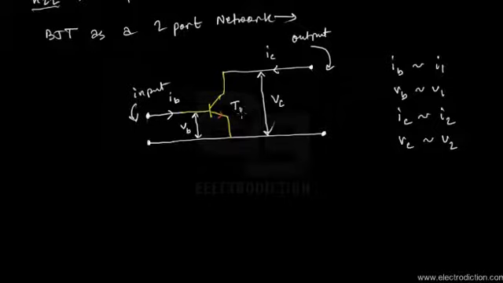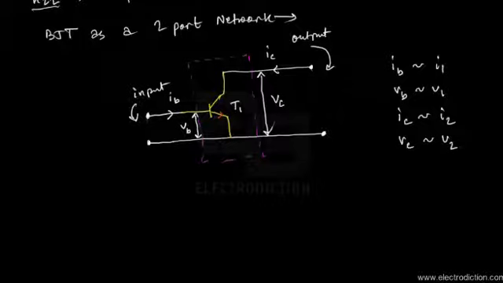That's why this method has been adopted. I'm going to box this up so that you get the idea of what I'm trying to do. This is your black box, or the circuit, that is being treated as a two-port network.